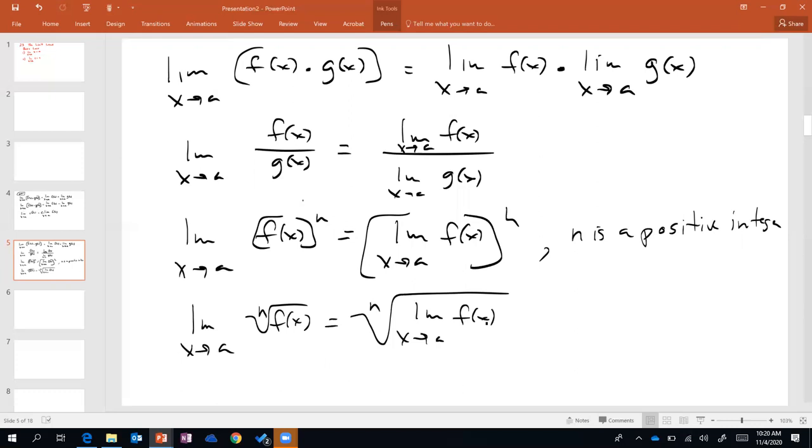Okay, and then remember with roots from algebra 1, algebra 2, roots are kind of funny. You can't have a negative inside an even root. You should just not have negatives inside your root. You can have it with odd roots.